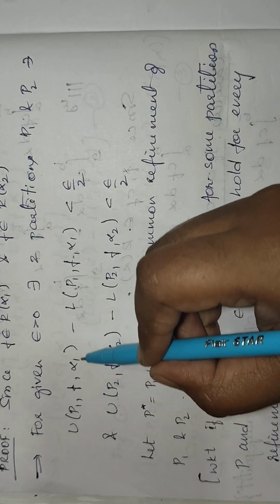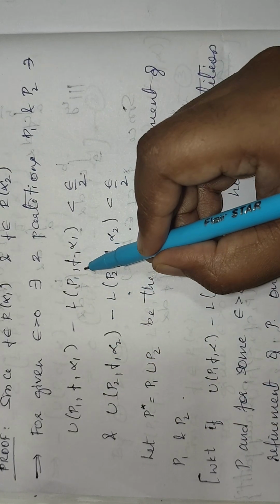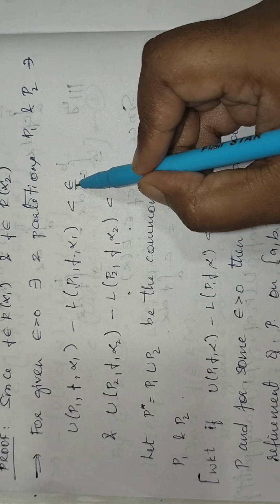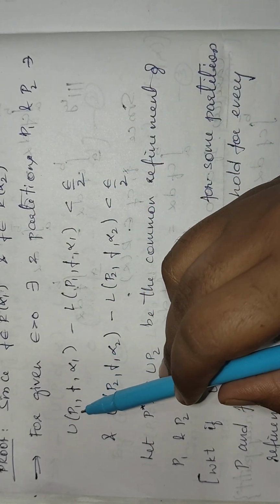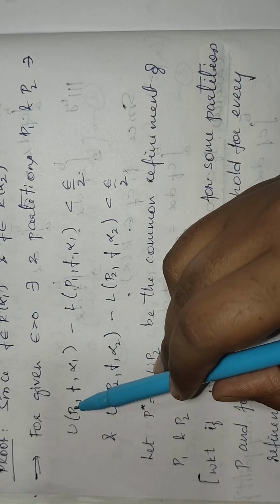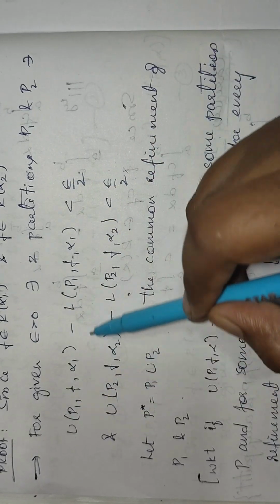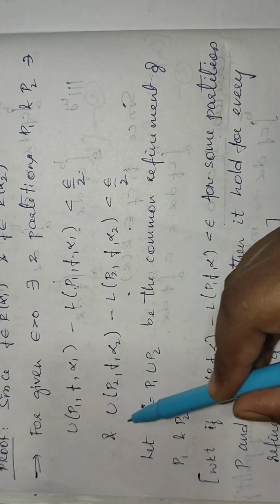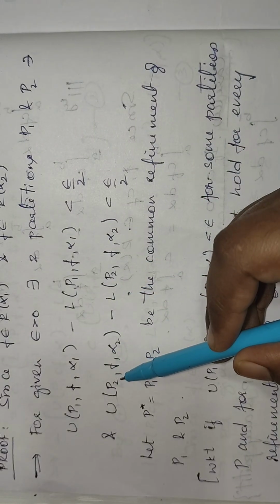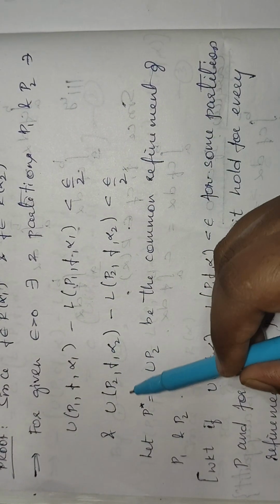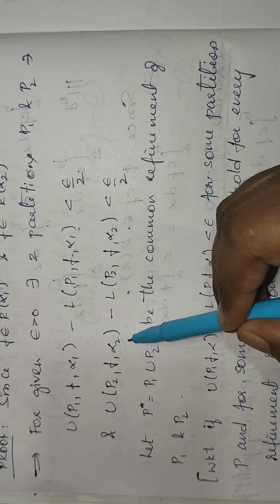U(P1, f, alpha 1) minus L(P1, f, alpha 1) less than epsilon by 2. See here, the refinement of P1 is P star. So this holds for P star also. And similarly here, the refinement of P2 is P star. So this inequality holds for P star also.